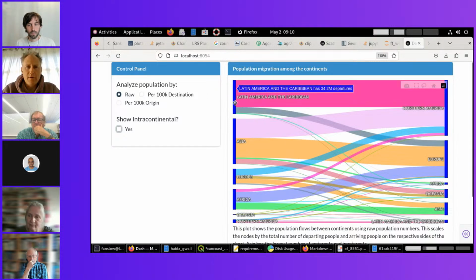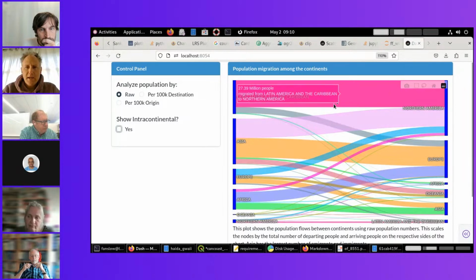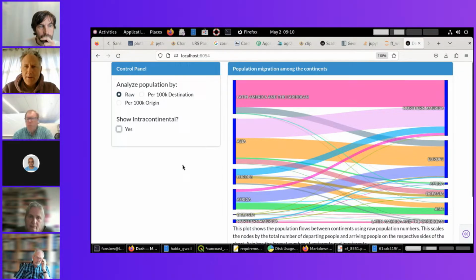You can hover over a node; on the left-hand side it's the departures, on the right-hand side it's the arrivals. Over the period, this region had 34 million departures. And if you go over to arrivals, North America saw 56.5 million. That's kind of interesting from looking at the connections.